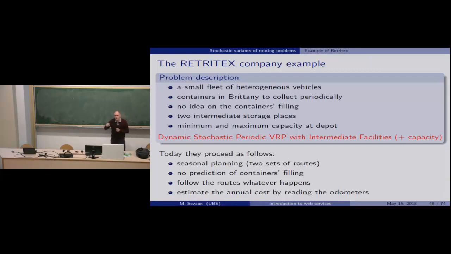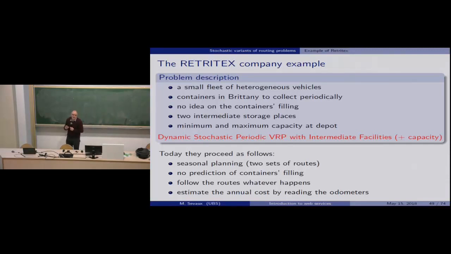Because the drivers are not very skilled, they have this map, and if the truck is full, they come back to the depot, unload, and then go back. And if they finish the route and the truck still has some space, then they start the route of the next day. This is what they do today.